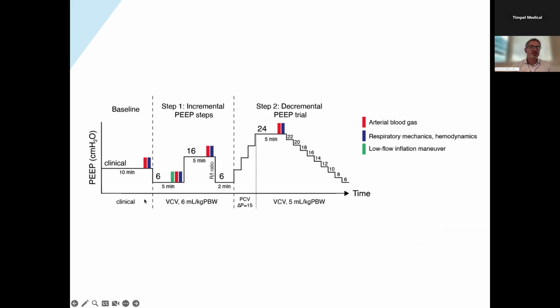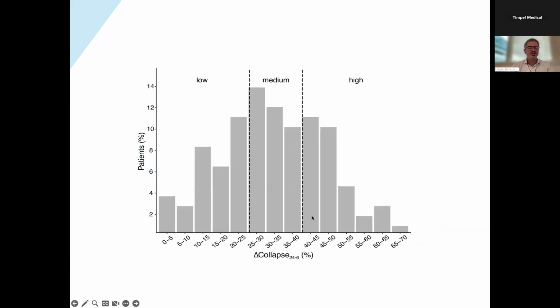So what they did is they had one increase in PEEP up to 24, and then they would decrease in small steps of 2 centimeters of water and measure the recruitable collapse with the EIT. Briefly, what they found is that the recruitable collapse, which is the difference in collapse from the highest PEEP value to the lowest PEEP value, 24 to 6, had this wide distribution.